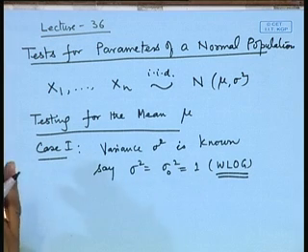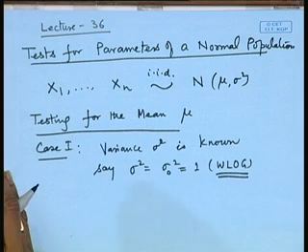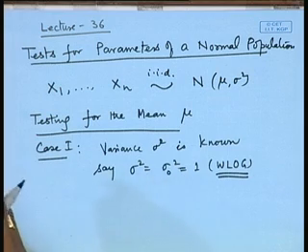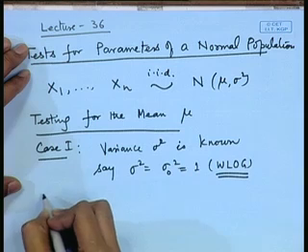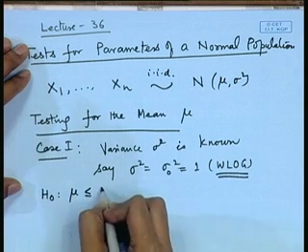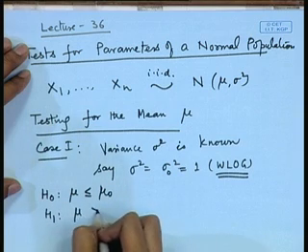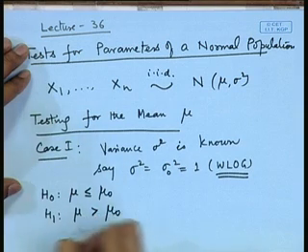We also observed that if mu naught is less than mu 1, then you reject for larger values of x bar. When mu naught is greater than mu 1, then you reject for the smaller values of x bar. So, that gives rise to the general situation such as, say, H naught: mu is less than or equal to mu naught against H1: mu is greater than mu naught.